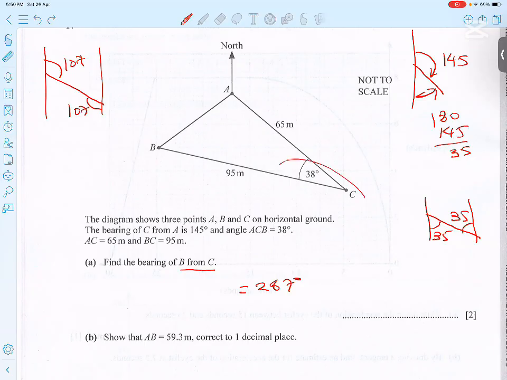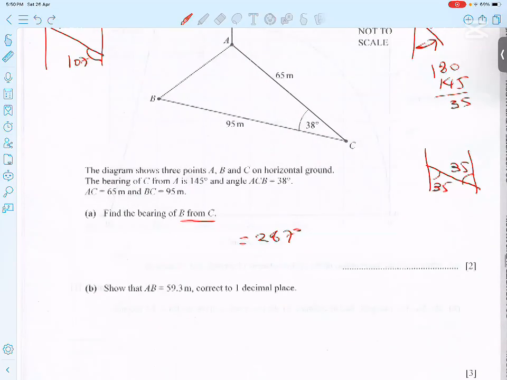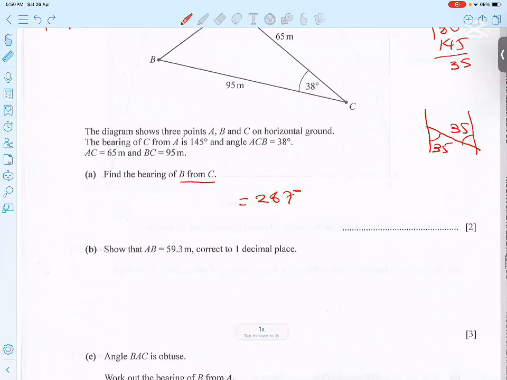And what is the cosine rule? I'm looking for this length, and I'm going to make this diagram separately. Capital C, small c. Capital B, small b. Capital A, small a. And the middle angle is 38.